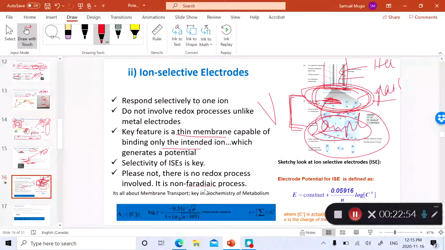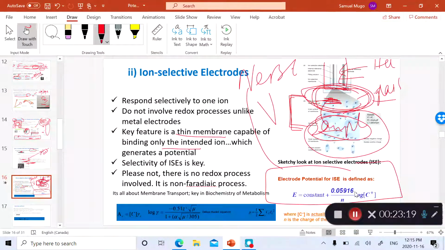This one is called a non-Faradaic process. And so the E of the cell gives you this kind of relationship, which is called the Nernst equation, where the constant here refers to the mobility of the ions between the glass membrane, or the membrane, and the sample.